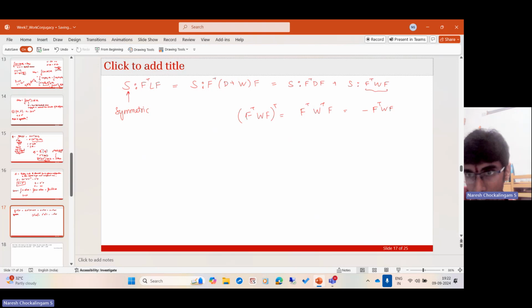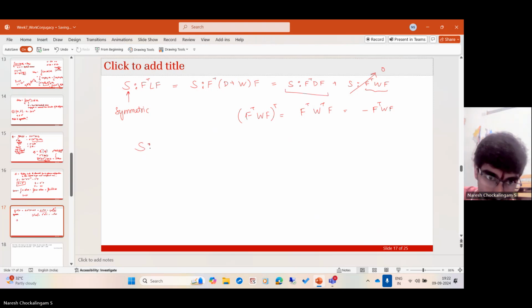So this is a skew symmetric tensor. A skew symmetric tensor contracted with a symmetric tensor is 0. So we are left with just this: S contracted with F transpose F dot is nothing but S contracted with F transpose DF.